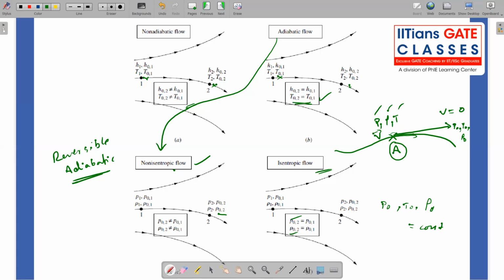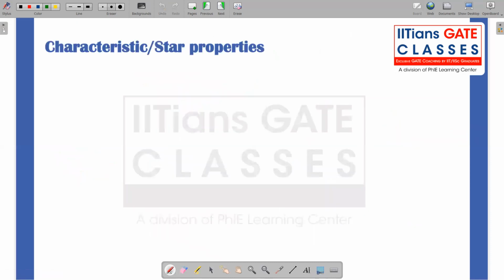Okay, so now we understood how we define stagnation properties. Similarly, we can also define one more set of quantities, called characteristic properties.